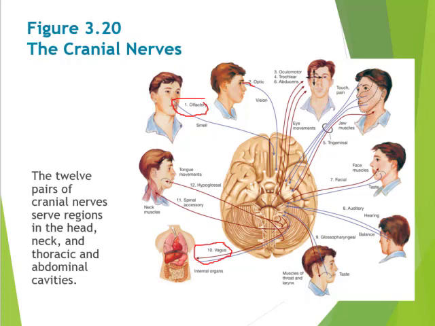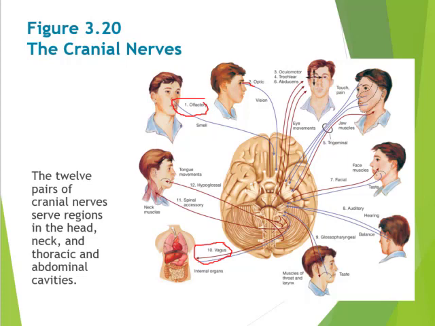The abducens nerve, which is cranial nerve 6, controls muscles of the eyes and its movements as well. And the facial cranial nerve 7 represents sensory fibers of taste and motor fibers that control muscles and movements of the face. And finally, the auditory nerve is cranial nerve 8, that is involved in hearing and balance.